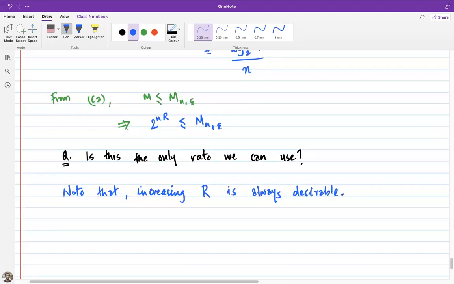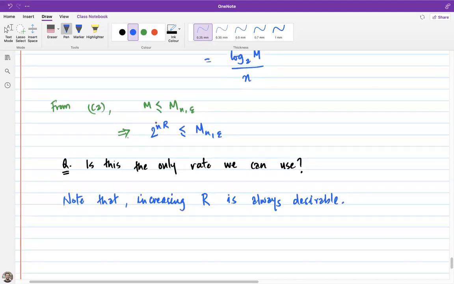But at the same time, we also need to satisfy this constraint. Let me go slow a bit here. Increasing R is always desirable, but you also need to satisfy this constraint. If I increase the R value on the left hand side, then the entire left hand side, 2 raised to nR, increases.